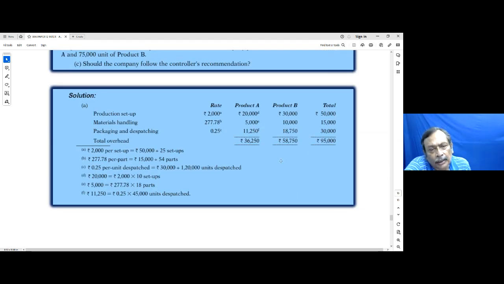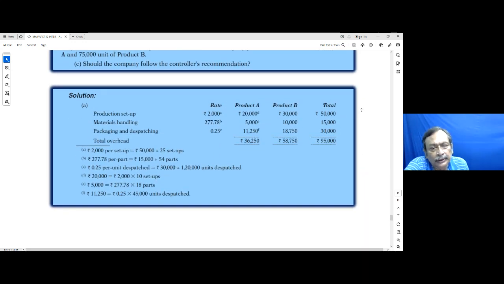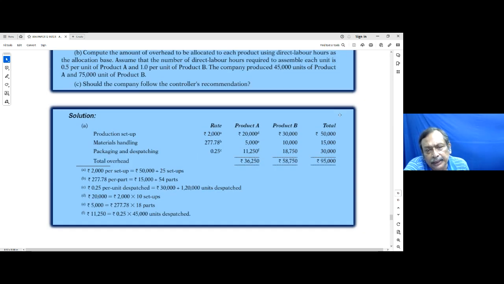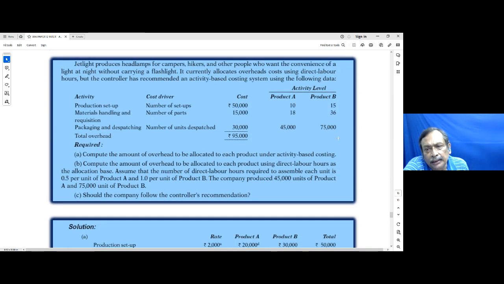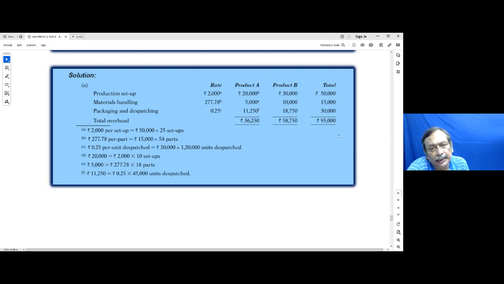Then 277.78 per part. It comes to 15,000 divided by 54 parts, that is 18 plus 36, which comes to 54. Then 0.25 per unit dispatched. That is 30,000 divided by 45,000 plus 75,000, which comes to 120,000 units dispatched.